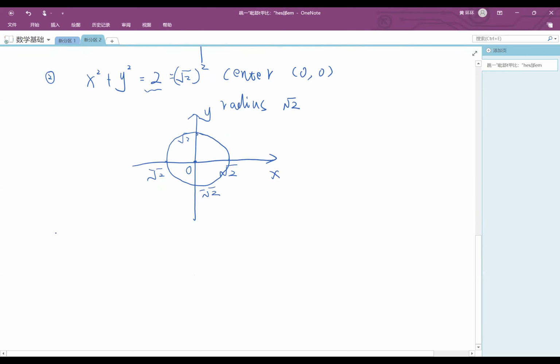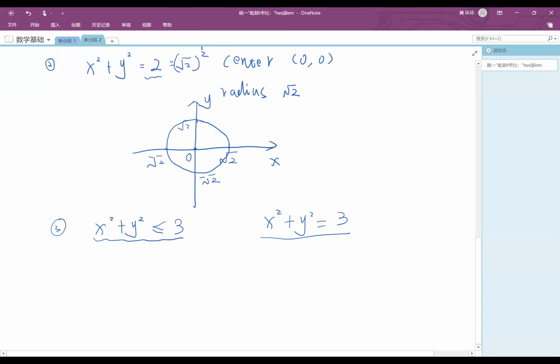And then this is x squared plus y squared smaller than or equal to 3. Let's see this equation. When x squared plus y squared is equal to 3, this is a circle, right?